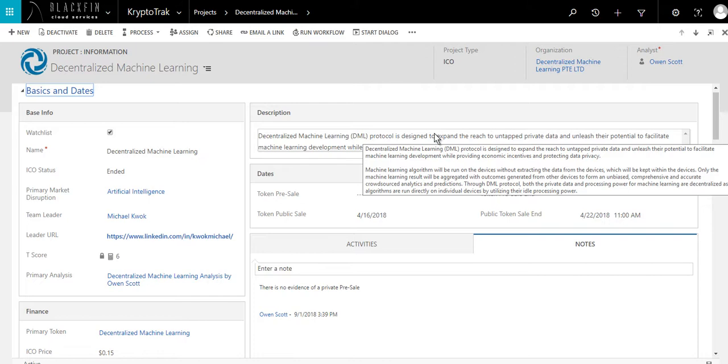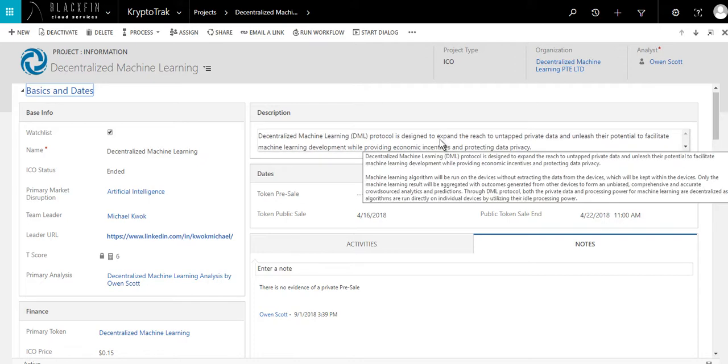Synapse AI, if you read the white paper, sounds like the data is going to be copied off to the IPFS and then processed in aggregate there. Here it says that only the machine learning result will be aggregated with outcomes generated from other devices. That's very interesting from a mathematical standpoint.